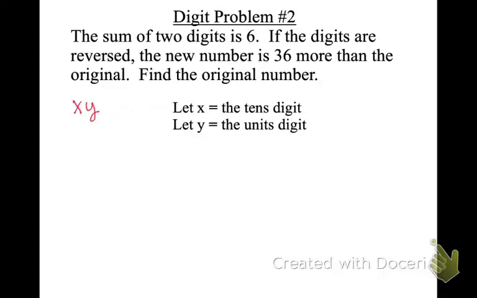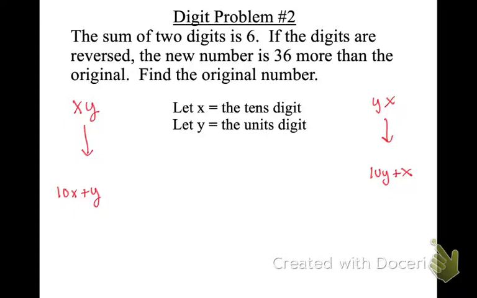And what's the reverse number? yx. What's the value of the original number? What's the value? 10 times x plus y. And this one is 10 times y plus x. So the first equation is the sum of 2 digits is 6.